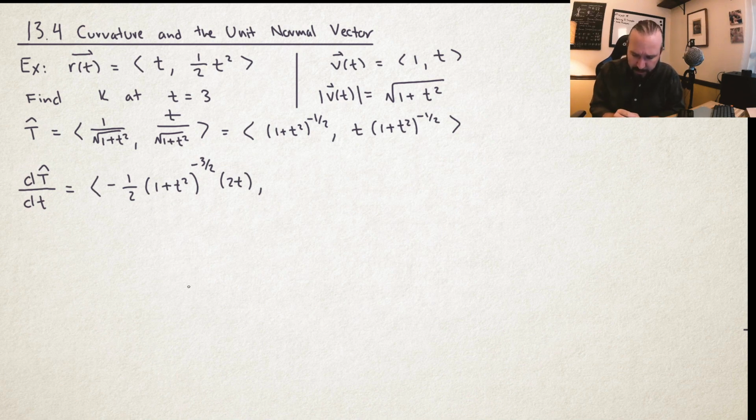Okay. Now I've got to do a product rule with this. So I'm going to do the first and the second there. The derivative of the first, t, is just 1. So this will be 1 plus t squared to the negative 1/2 power, plus the first times the derivative of the inside.